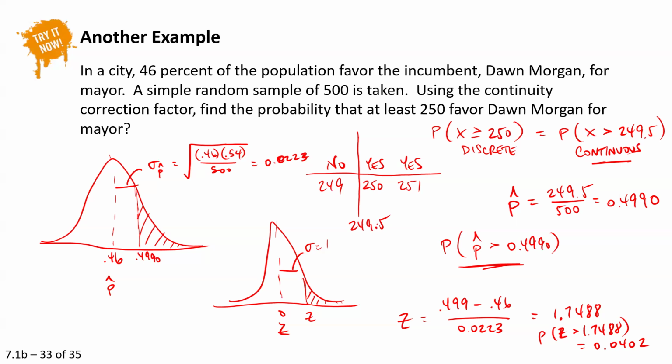So if you're running a sample of 500 people and more than 250 of them are saying, yeah, we want to vote for Don Morgan, you would predict that she'd win, right? But you would be wrong. And what's the probability that you would be wrong? 4%. Yeah.